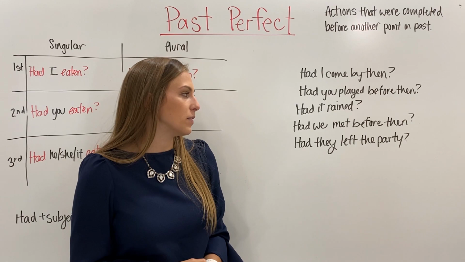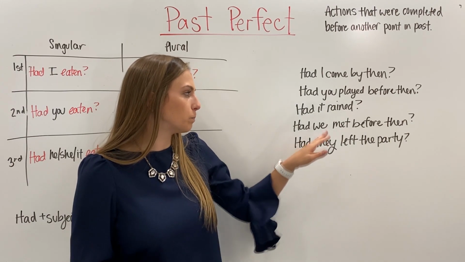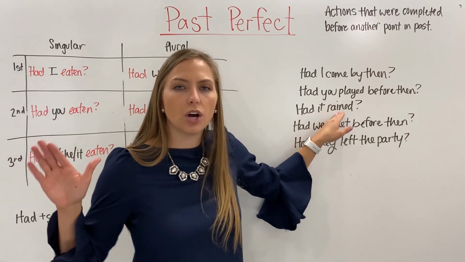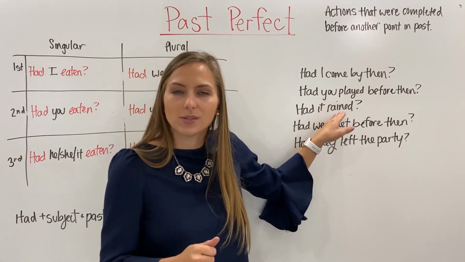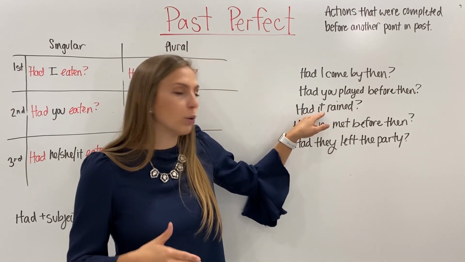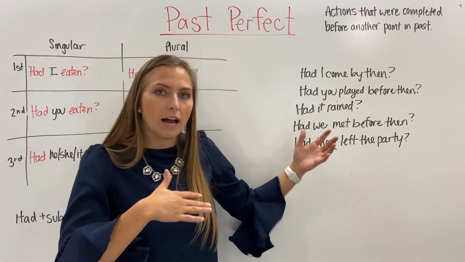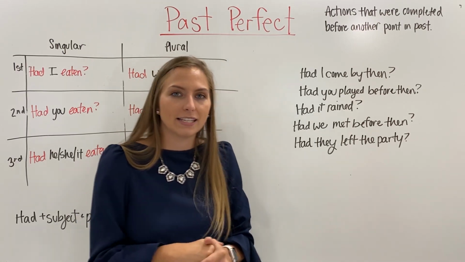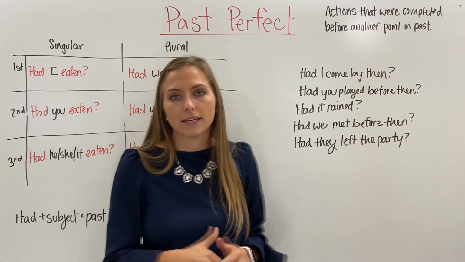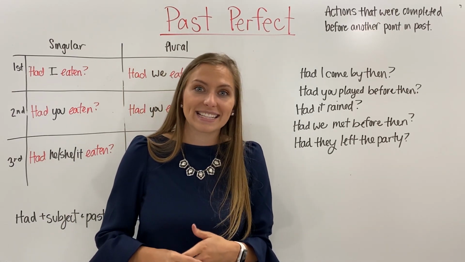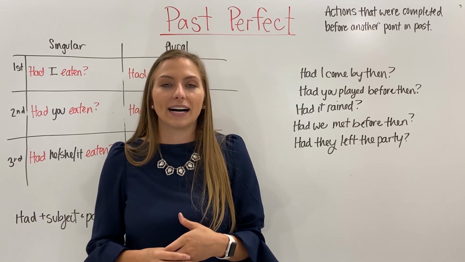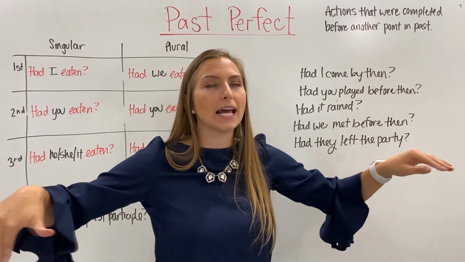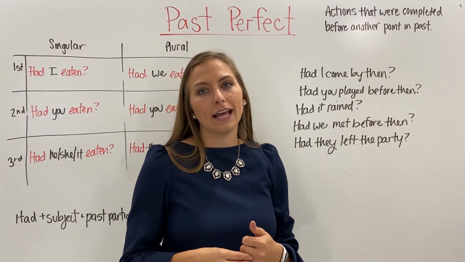So in conversation, for example, had it rained, right? If you wanted just to know, did it rain? You would just use simple past. But if you were talking about another action, maybe you are talking about a past event and you said, oh my goodness, I was very nervous on my wedding day because the tent and everything, the wedding was outside and I was very nervous for that.